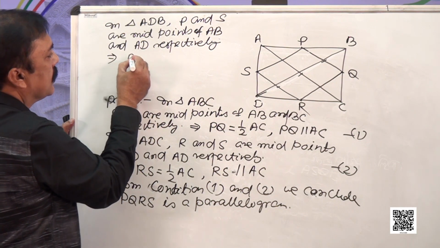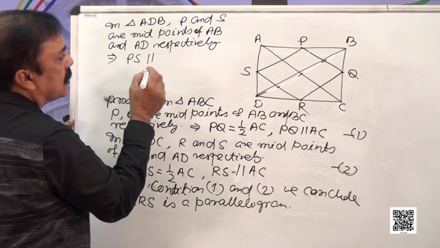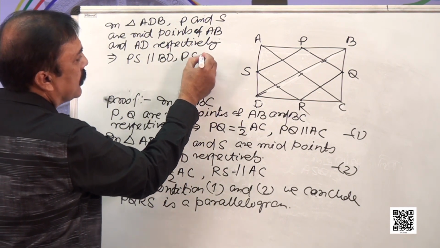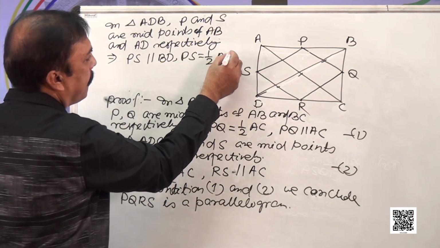This implies PS is parallel to BD and PS is equal to half BD.